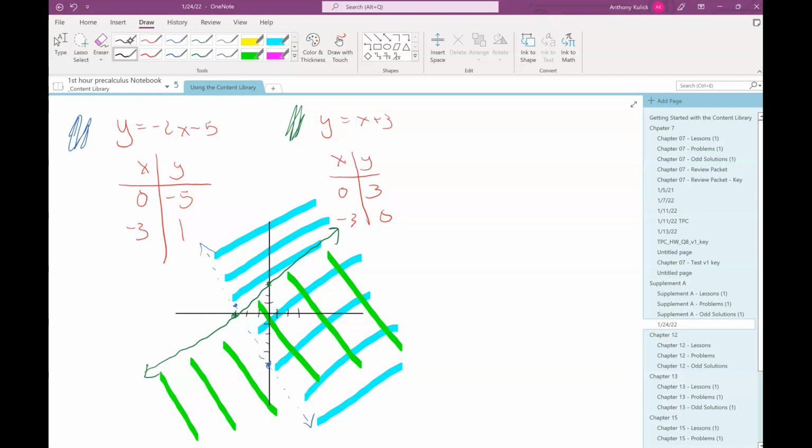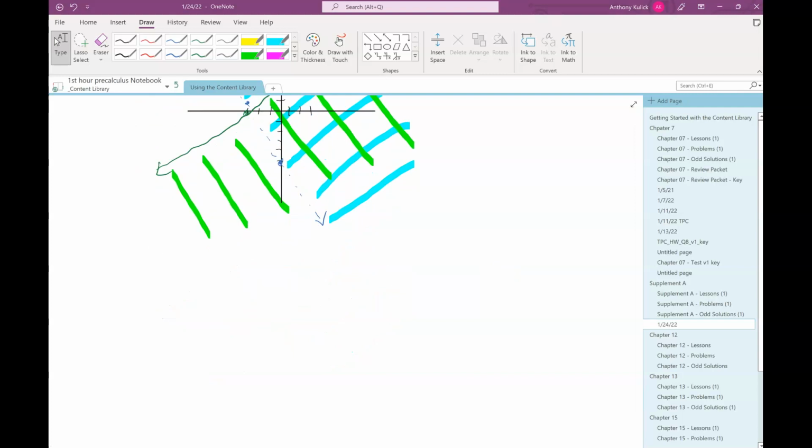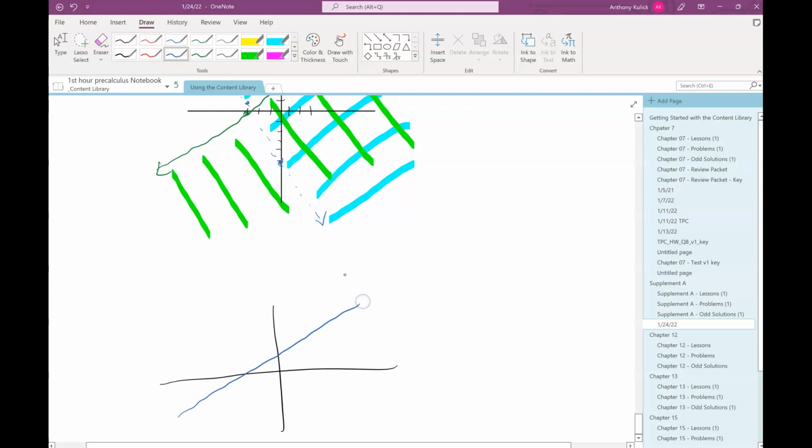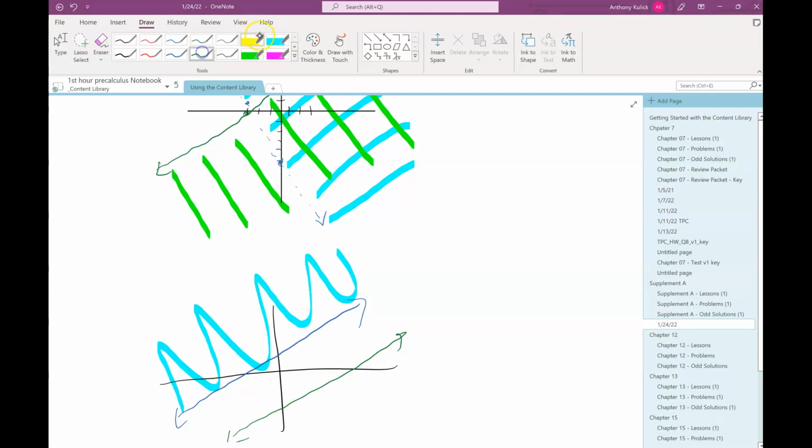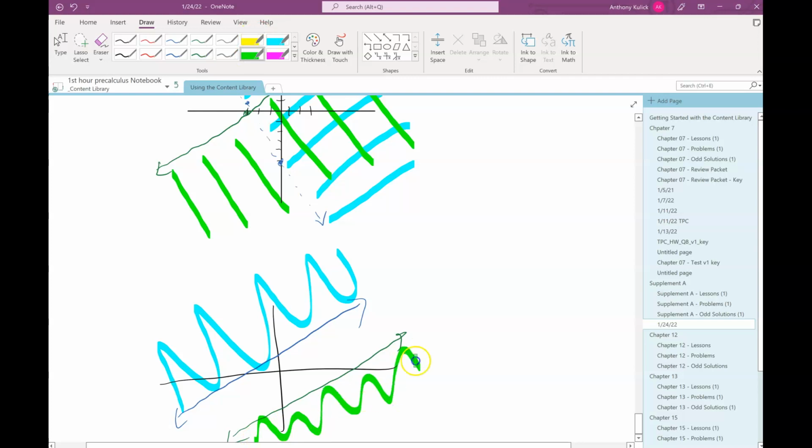Here's a quick question. Does every system of inequalities have to have a solution? Does not. Should be fairly easy to come up with a situation where it doesn't. So let's say that you had parallel lines, and the blue one we shaded above, and the green one we shaded below, and there's no overlap at all.